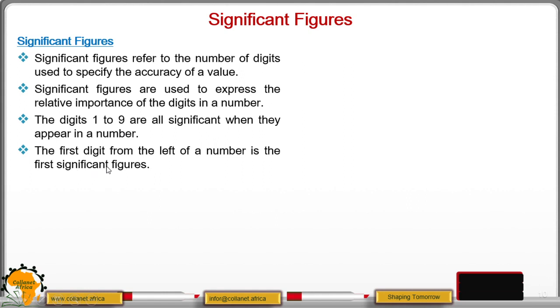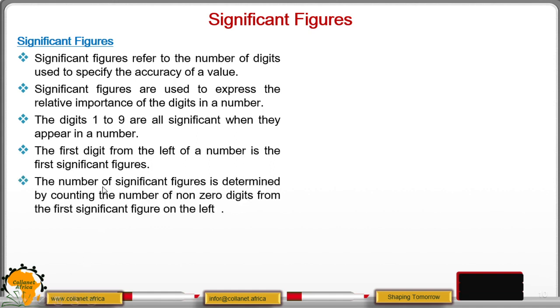And the first digit from the left, we say that it is most important, or it is the first significant figure. So you start counting the digits from the left hand, and that first digit on your left hand is the one that we call the first significant figure.